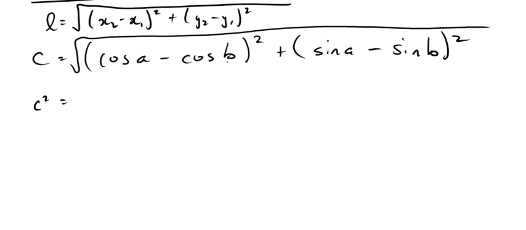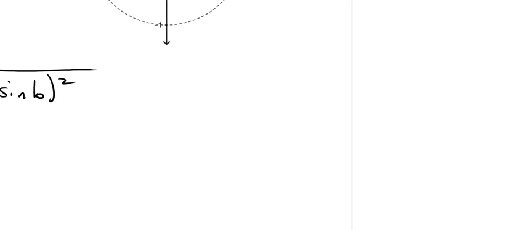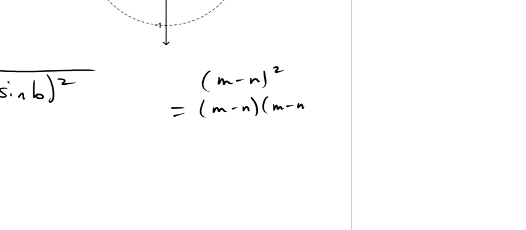Cos A minus cos B all squared looks like this. I'm going to do it over to the side. M squared minus n squared. Sorry, that's not right at all. M minus n, I was thinking about variables and not what I was actually doing, which is m minus n times m minus n.